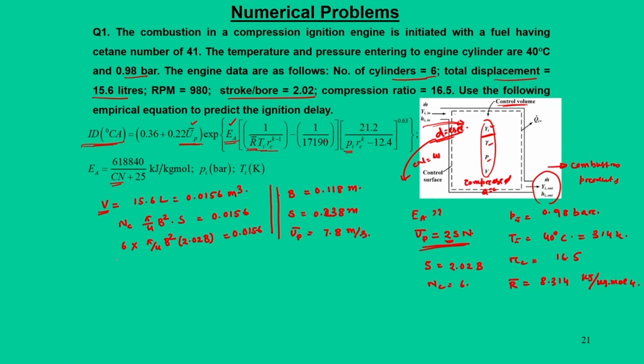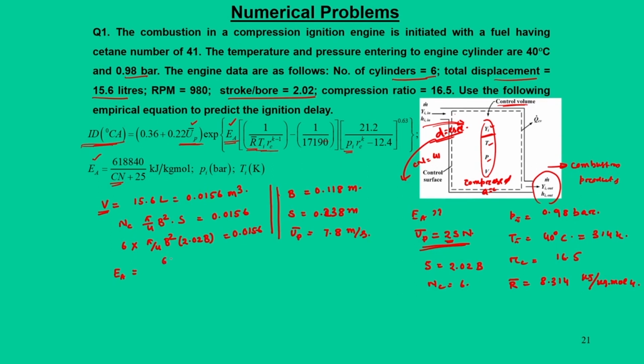Then the other term that needs to be found is EA, the activation energy. Activation energy is related to the fuel: during the reactions, the chemical bonds need to be broken, and as a result the energy that is going to be released is through its activation energy due to chemical bonds.